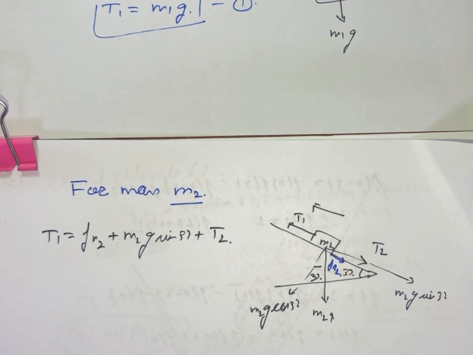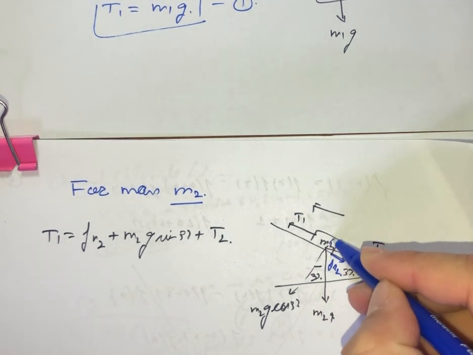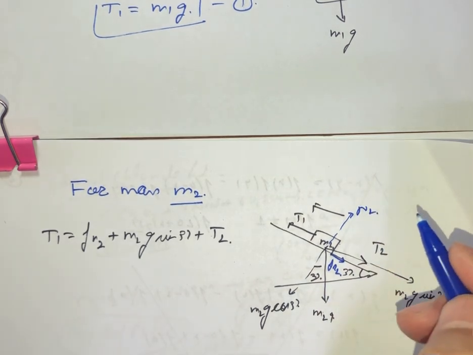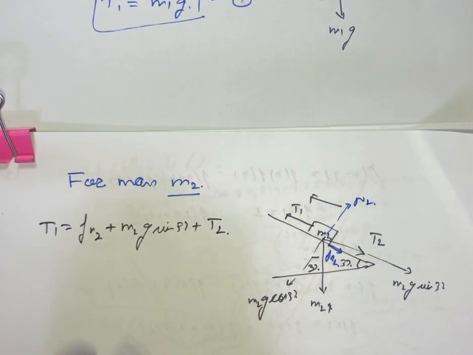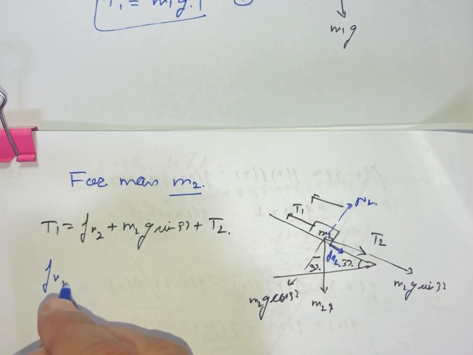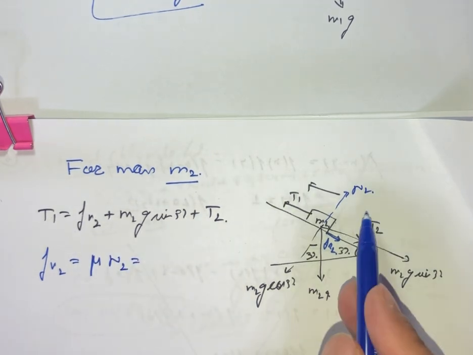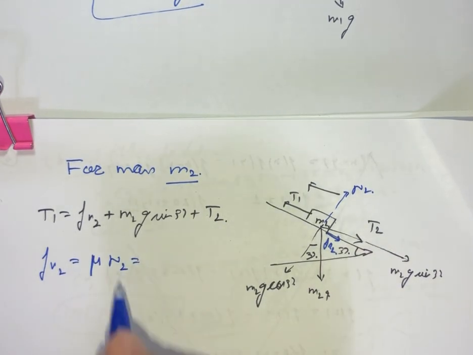And there will be a normal also here, let us suppose that is N2. So we can say our FR2 will be equal to the coefficient of friction and normal N2, and N2 will be equal to m2g cos of 37.